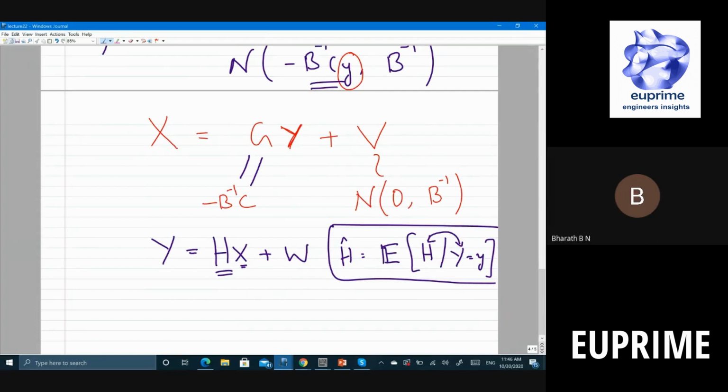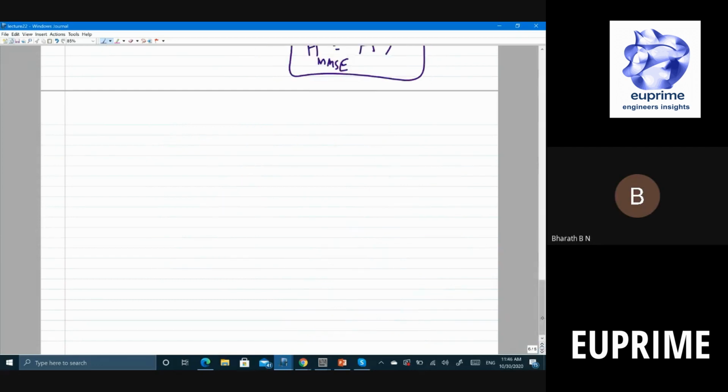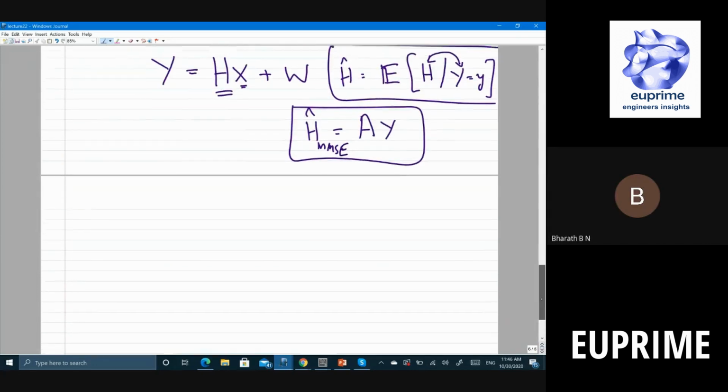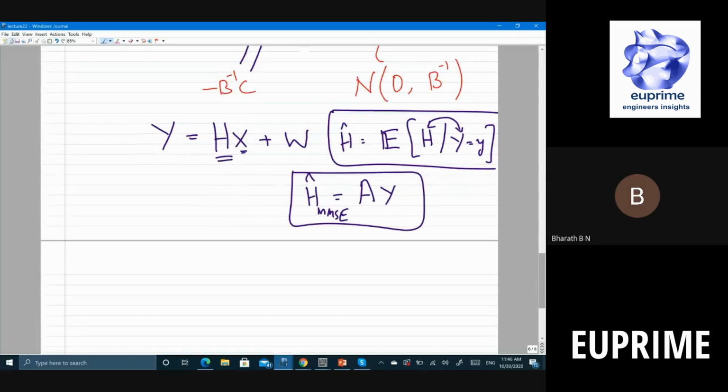So essentially h hat, in this case, is some constant matrix A times y. That will be your MMSE estimate of h. We will see this a little later maybe, but this is the quick reason why we need to look at all this in the context of signal processing or communications.